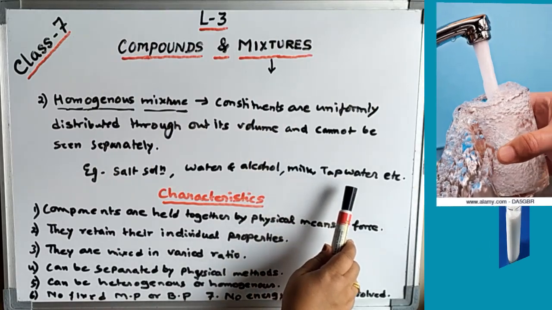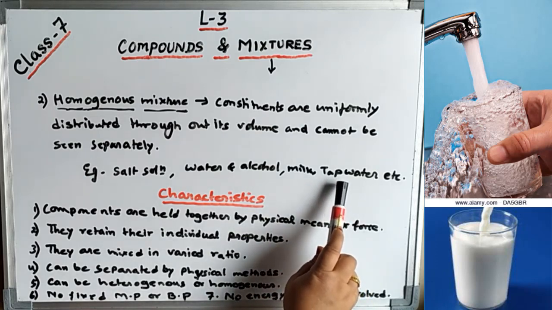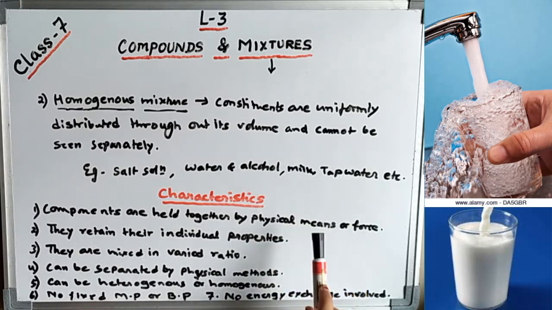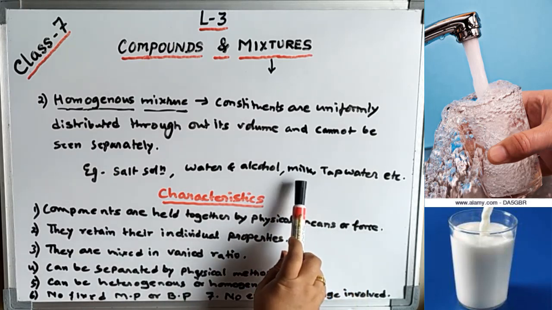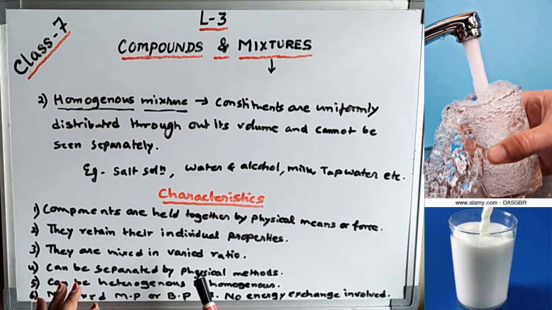Similarly, milk and tap water look like compounds, but actually they are also mixtures because they contain dissolved gases and dissolved minerals. What about milk? It contains water and some other proteins in a dissolved way. They look like compounds, but actually they are homogeneous mixtures.